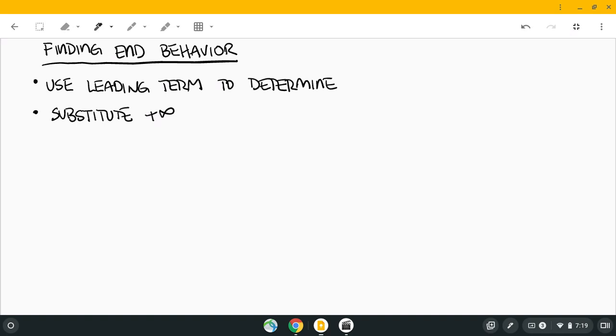And when we substitute the positive infinity, what we do is find the right-hand behavior. And sometimes students get hung up about substituting positive infinity. If positive infinity is just too abstract for you, then use positive 1 billion, okay?